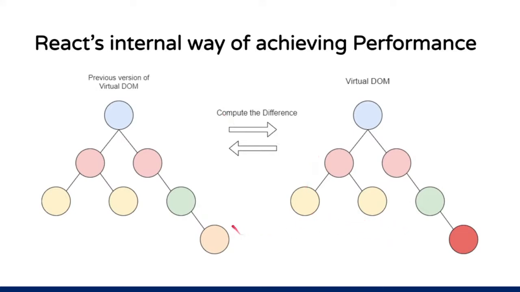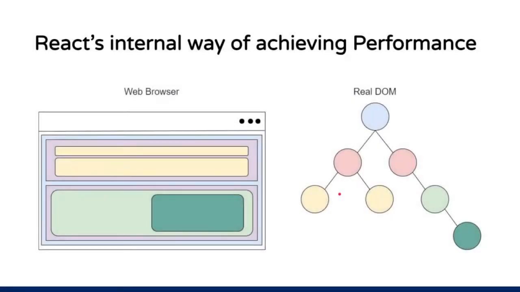So here the conclusion will be that React identifies only this red-marked element as updated. Then what the virtual DOM will do is update only this exact UI element rather than laying out the whole tree.